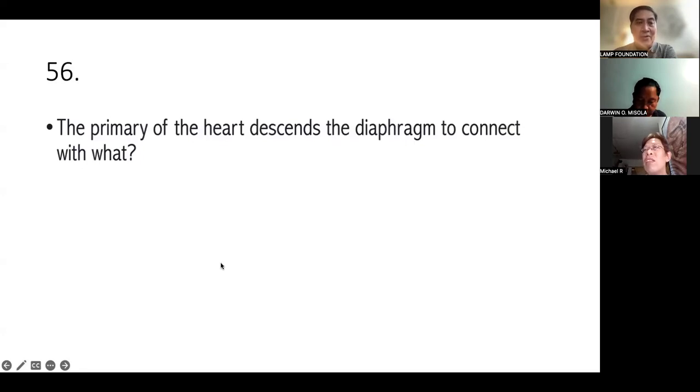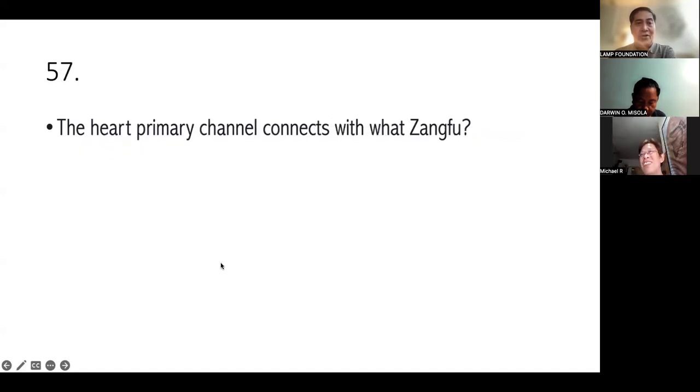The primary of the heart descends the diaphragm to connect with the small intestine. The channel connects with what Zangfu? My answer is also three, Doc: heart, lungs, and small intestine, and the tissue surrounding the eye.